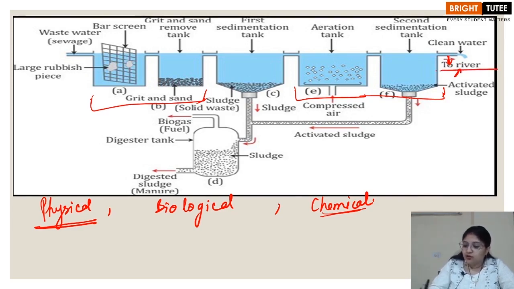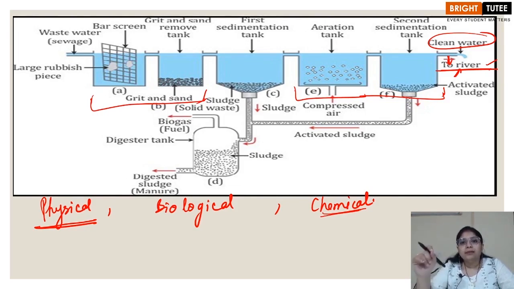First, it is released to the river, right? That means this is somewhat clean water, which is passed on to the water bodies. Then there is water that is so clean that it can be recirculated and used for cleaning, cooking, and drinking purposes.